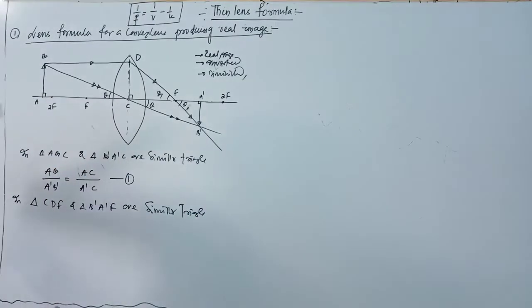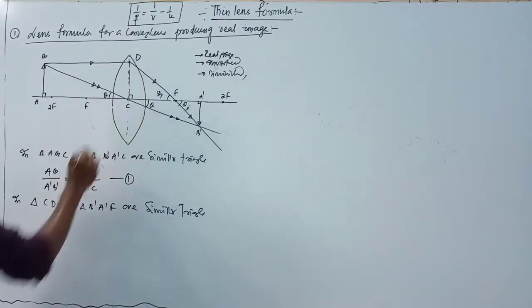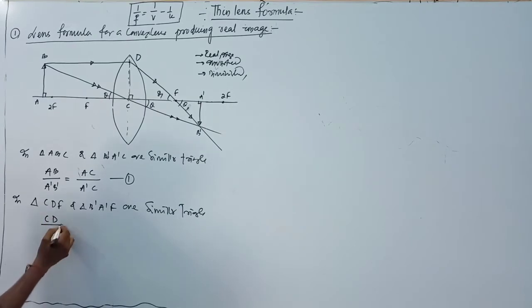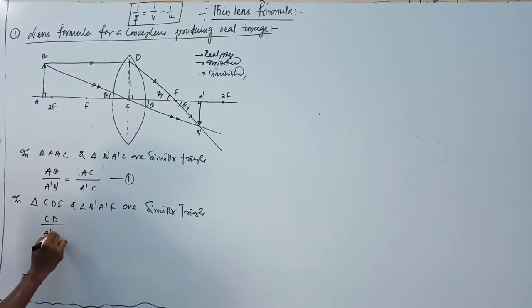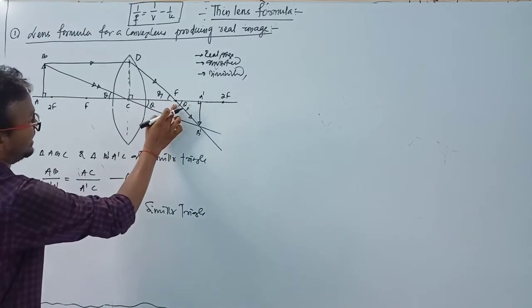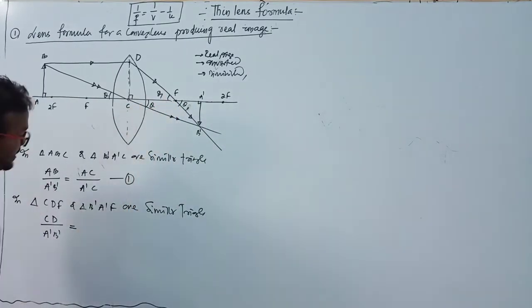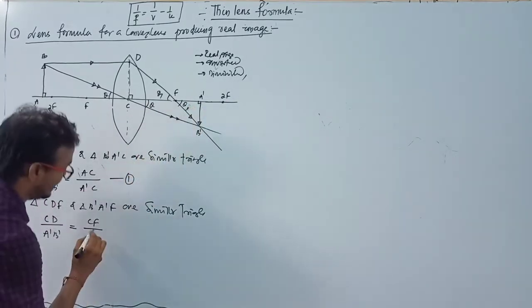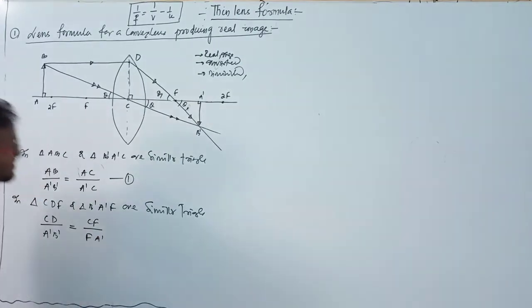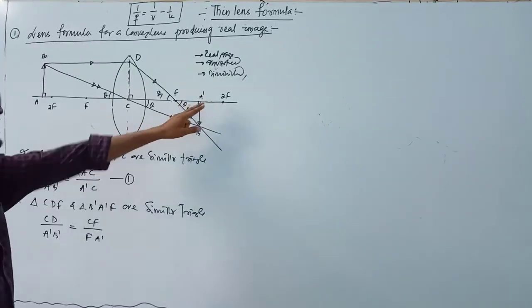For similar triangles we can write the relation: CD divided by A dash B dash equals, F being the common point, CF divided by FA dash.